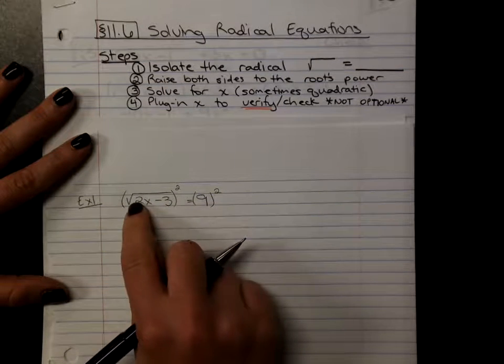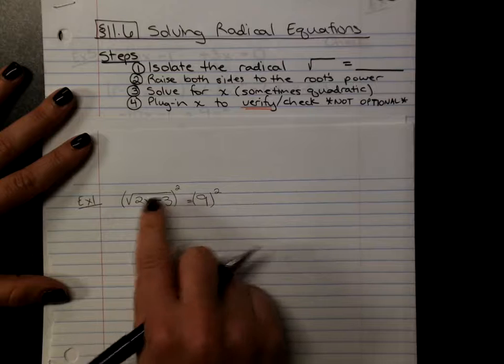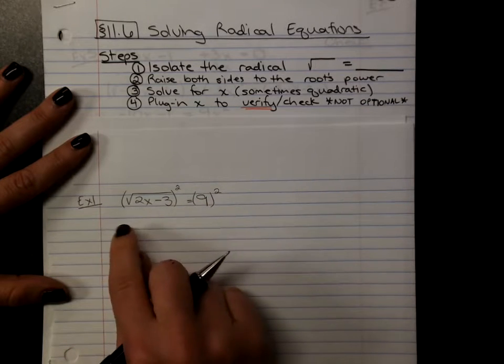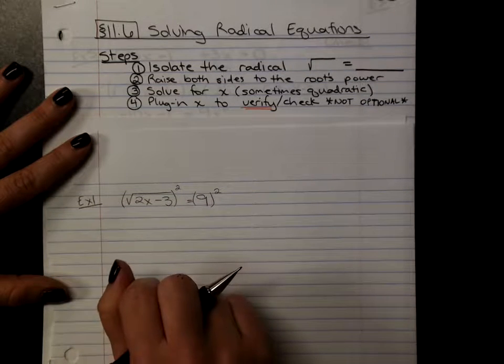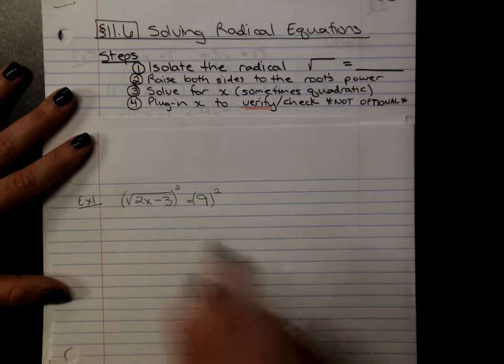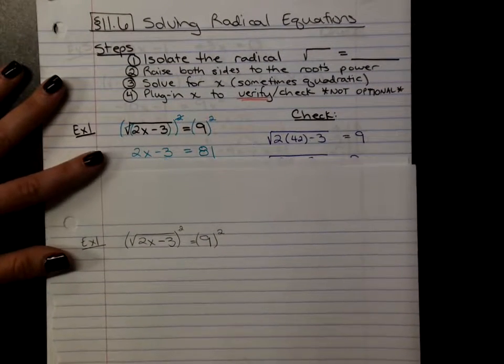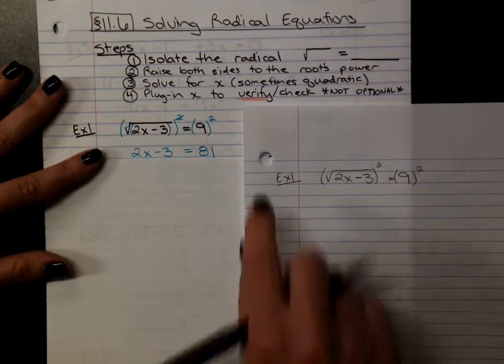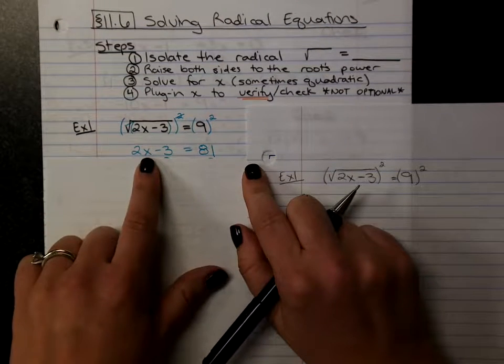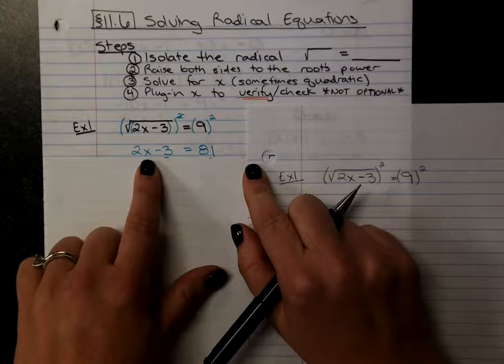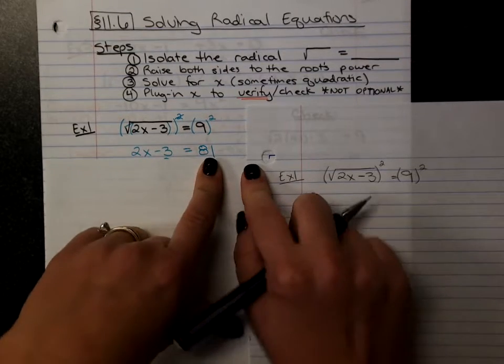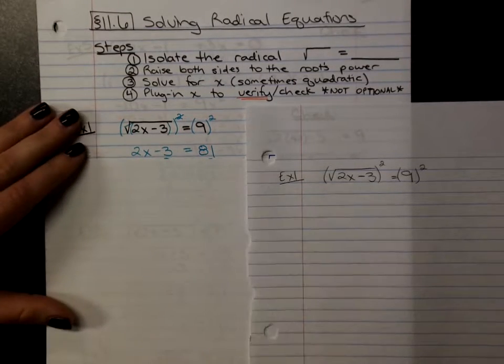So squaring and square rooting undo each other, just like multiplication and division undo each other, just like adding and subtracting undo each other. So on the left side, the only thing that happens is that whatever was under the radical is just there, no more radical. On the right, you actually square it and you get 81.